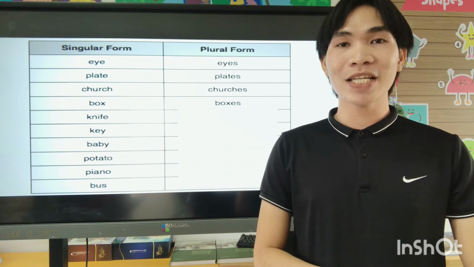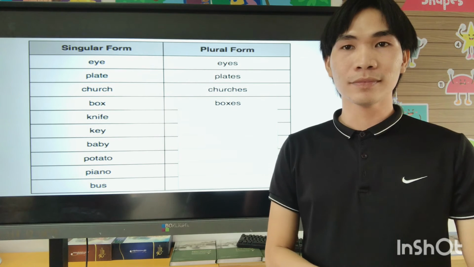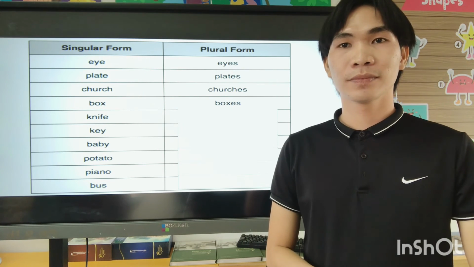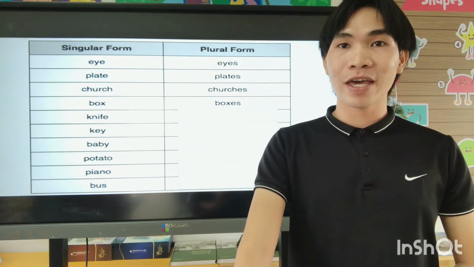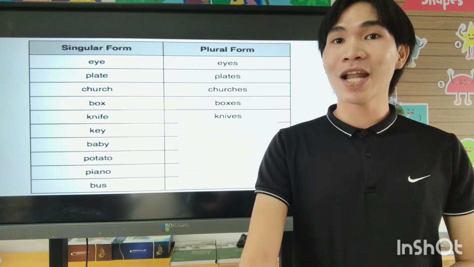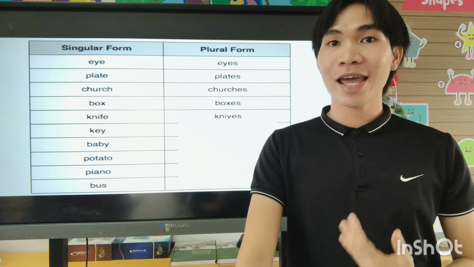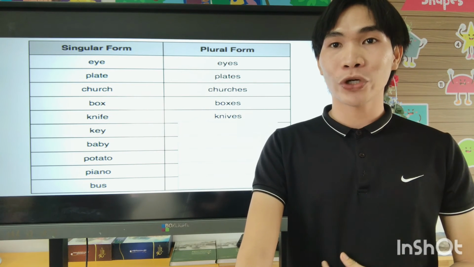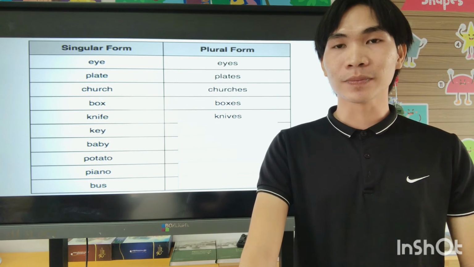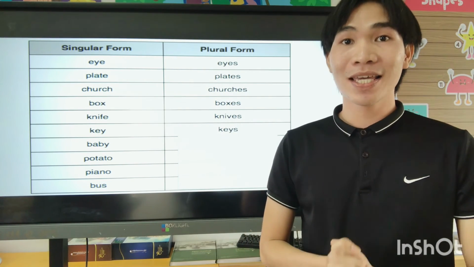Now let's proceed to the next example, knife. The plural form of the word knife is knives. We applied the third rule. Change F to V and add ES. How about the word key? The answer is keys.